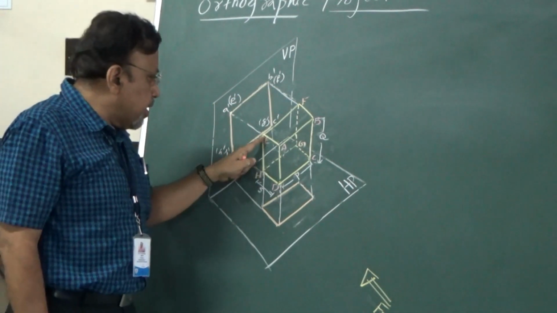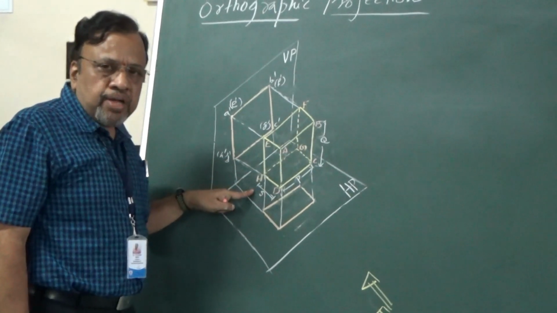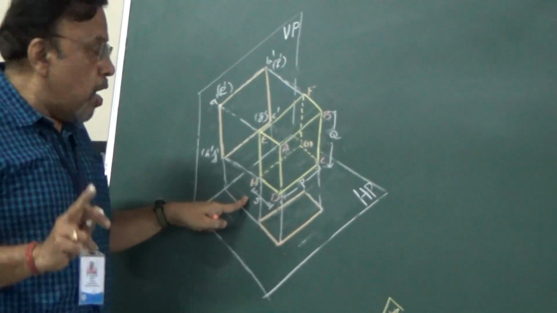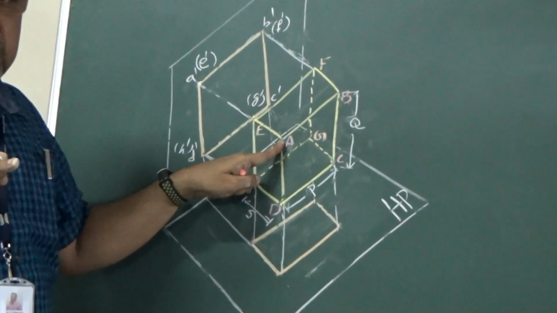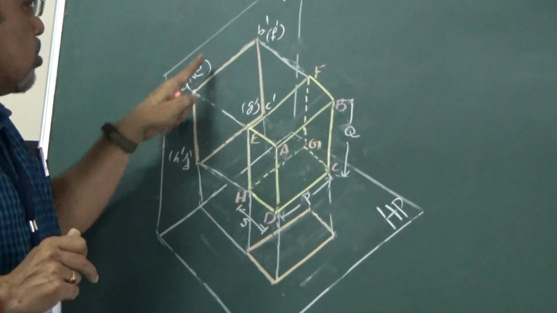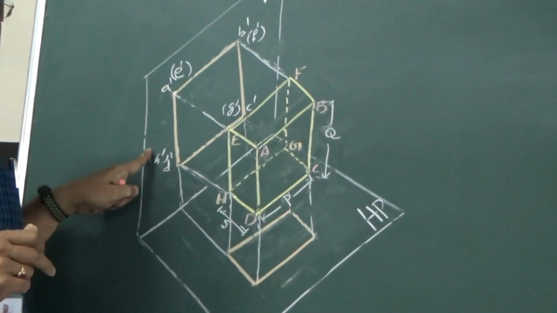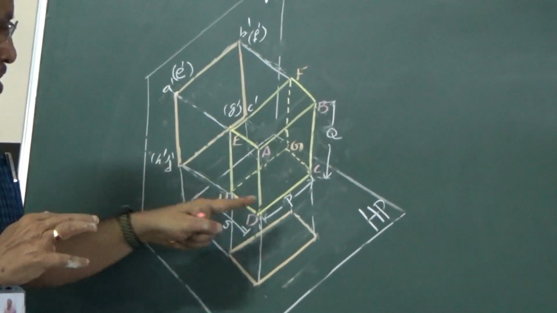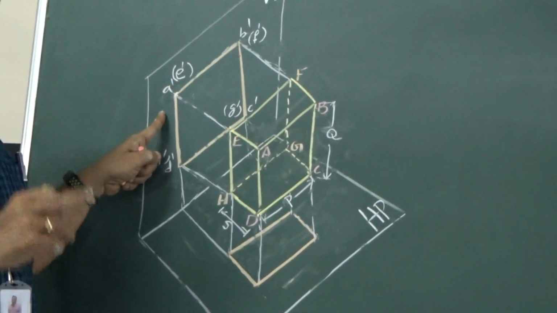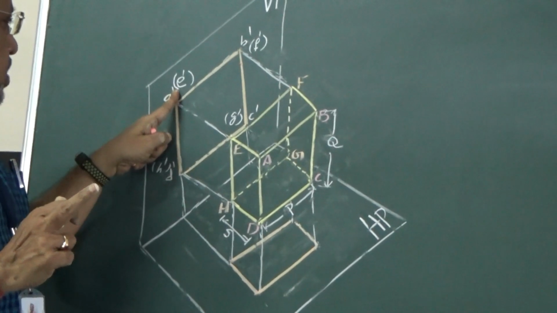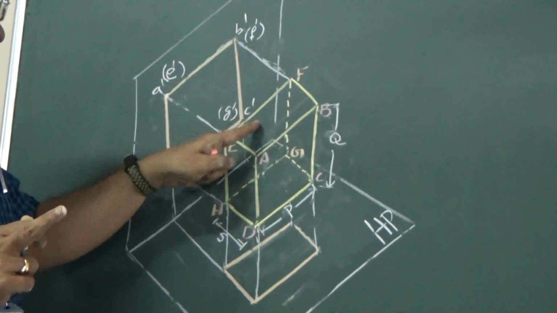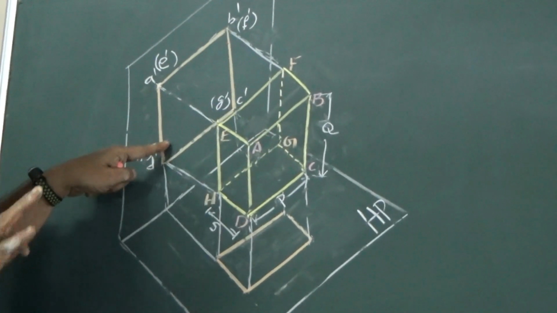See, I have written all capital letters here. Capital letters indicate the actual points on the object, whereas small letters a, b, c, d, etc. will be on the views. Since it is the front view, remember I should always show these as A dash, B dash, C dash, D dash, etc. Is it clear?